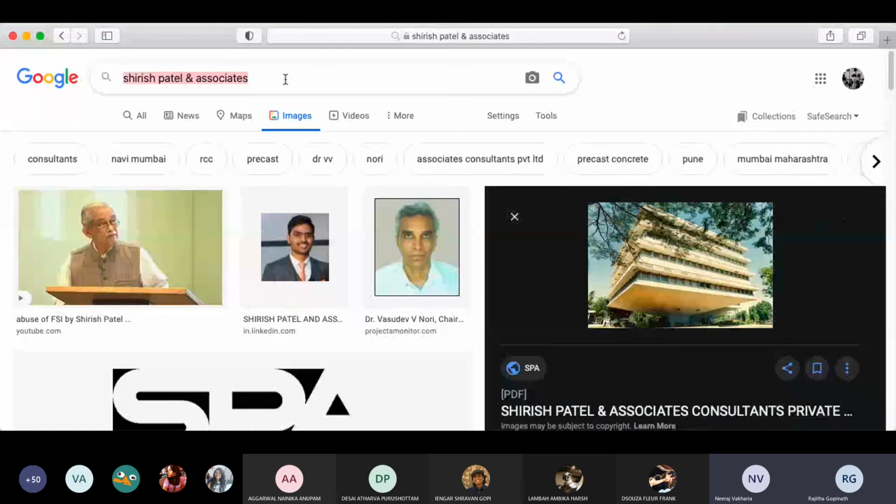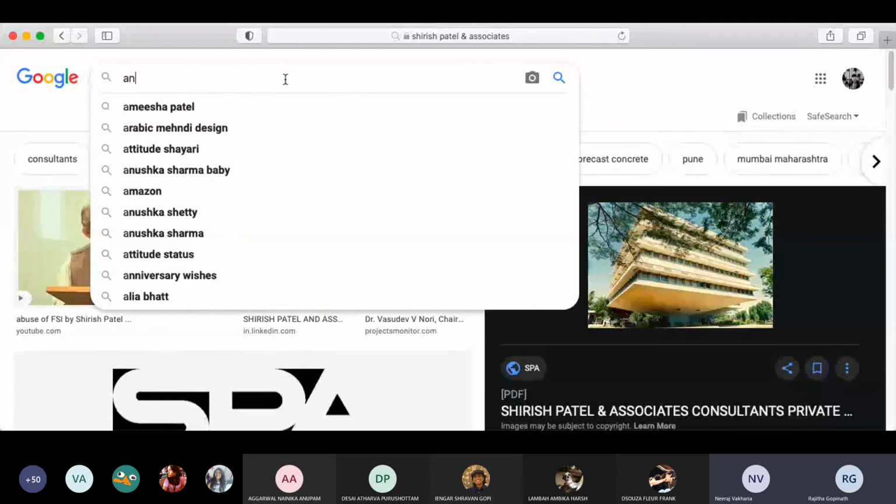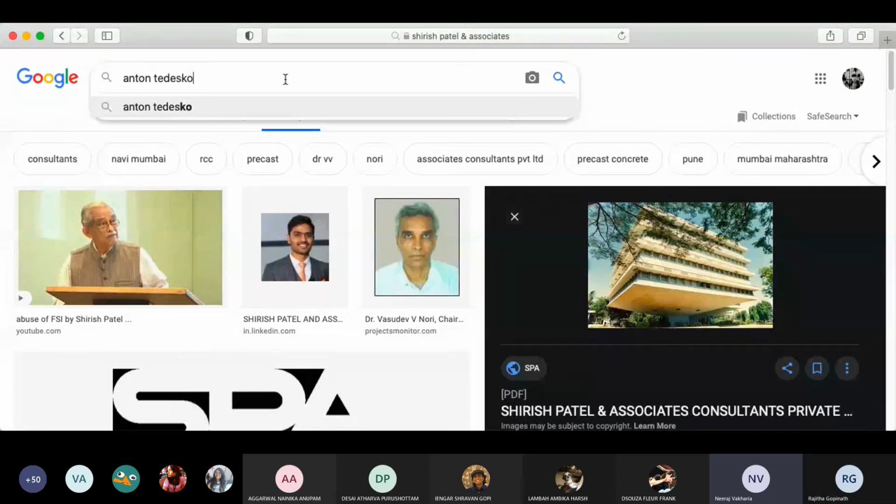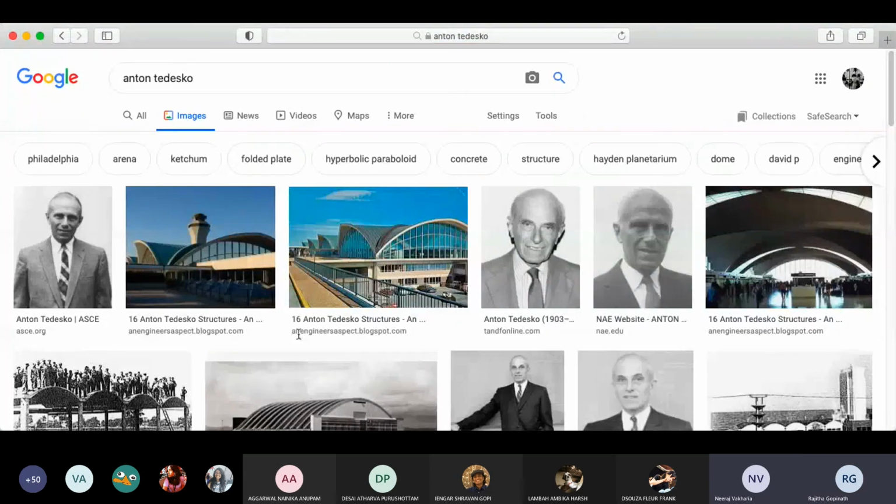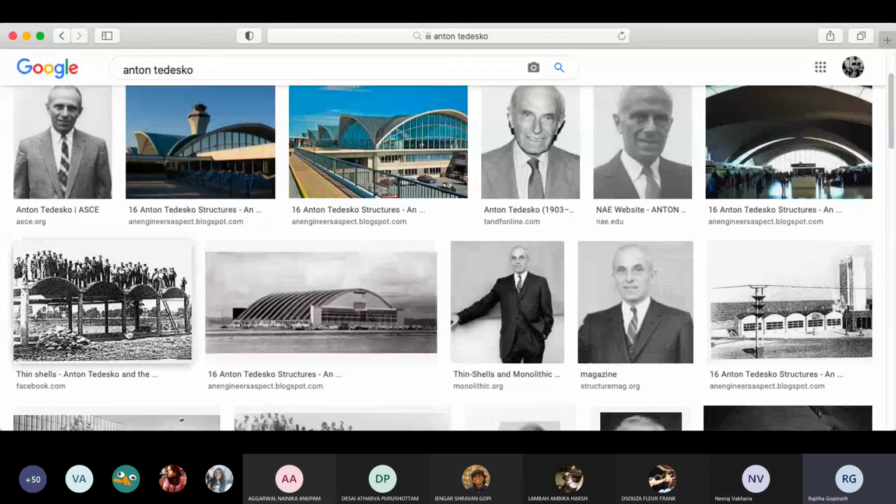And then Anton. Okay, so you can read about how they actually arrived, and this is the time when there were no IS codes. Okay, अभी अपने पास IS codes हैं. We can always refer to the IS code and figure out क्या thickness होना चाहिए for all these things.